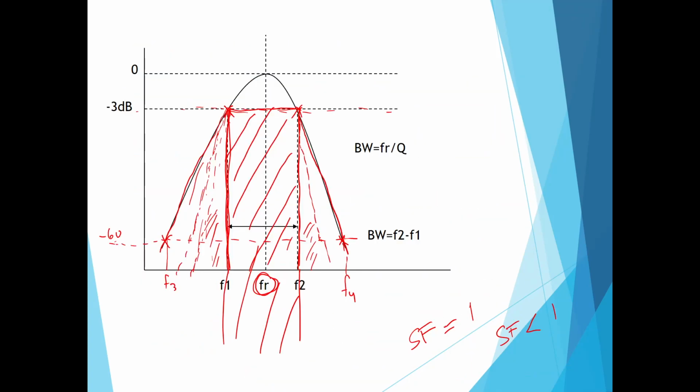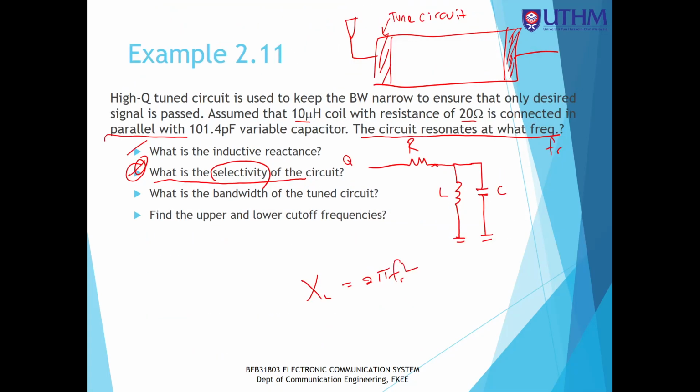But for this example, it is referring to the Q factor, the Q parameter. If you ask me, it is better to write a question that explicitly mentions what you want to ask. So in this example, it is asking you to find the Q parameter.